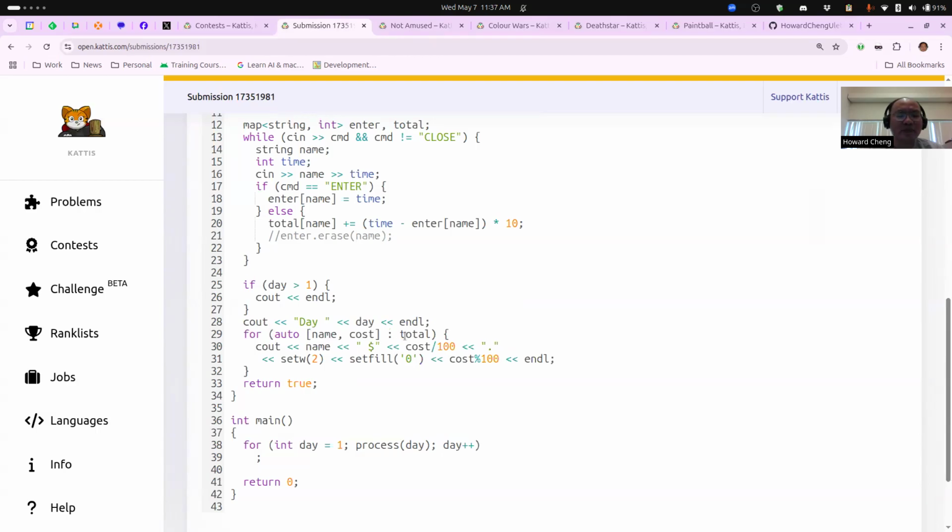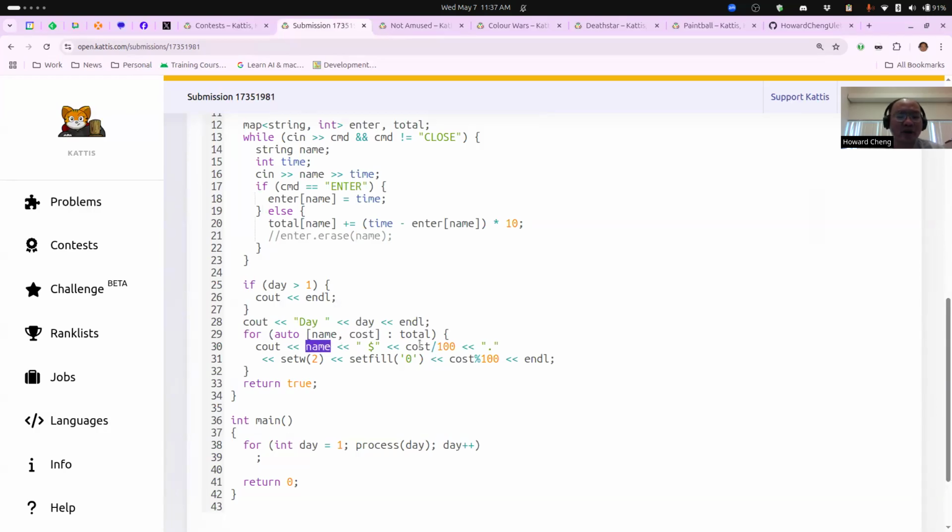So I go through the map, which is already sorted by name in alphabetical order, and this is a quick way to grab things from a map because each entry is a pair. So I just assign, so this notation, auto square bracket, and then something comma something will assign the first entry of each pair to name, and the second entry is cost. So this is a key and value pair in a map.